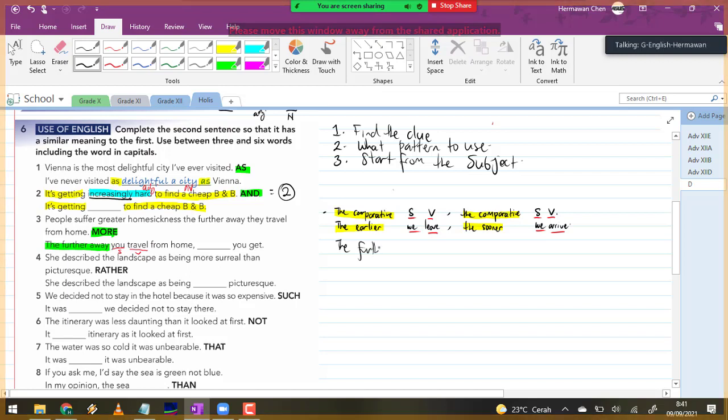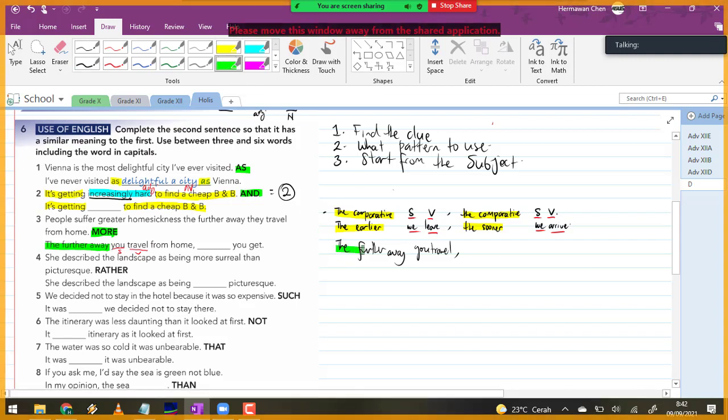The further away you travel. This is the comparative, this is the subject, and this is the verb. It's very clear that we have to use the first pattern. Yeah, your job is to complete the sentence.